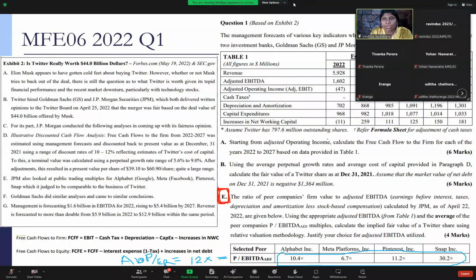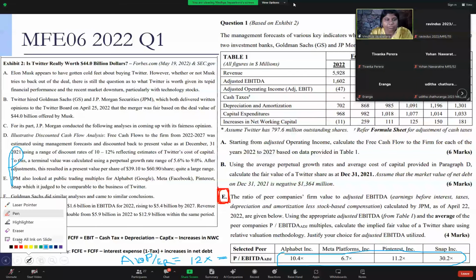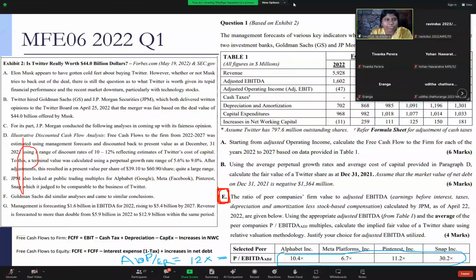Okay. Then what do you have to multiply it by to get the price of this company, Twitter? Price of Twitter.